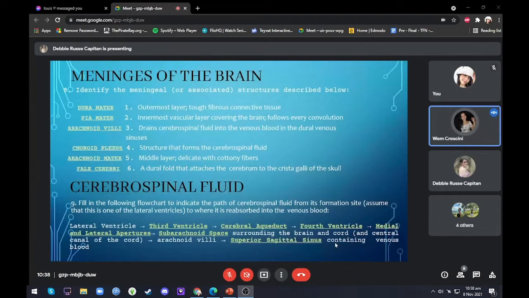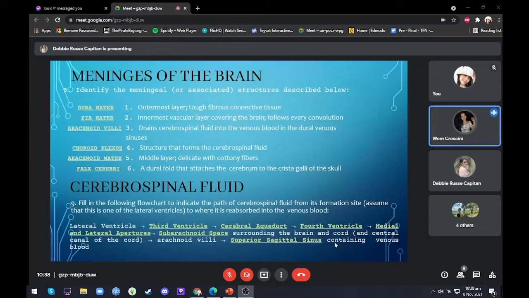So number 9, fill in the following flowchart to indicate the path of the cerebrospinal fluid from its formation site. Assume that this is one of the lateral ventricles to where it is reabsorbed into venous blood.